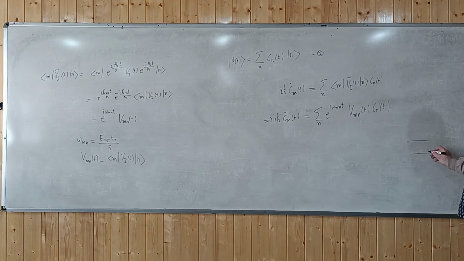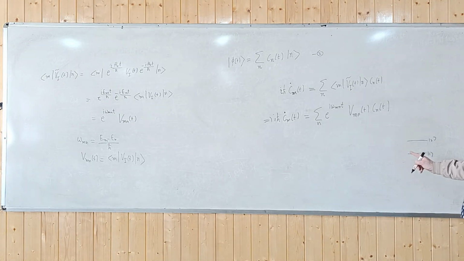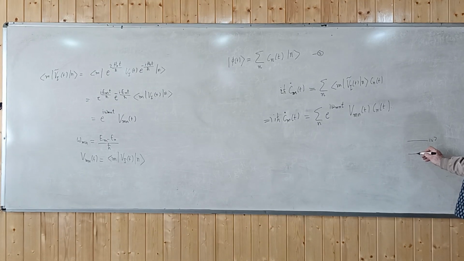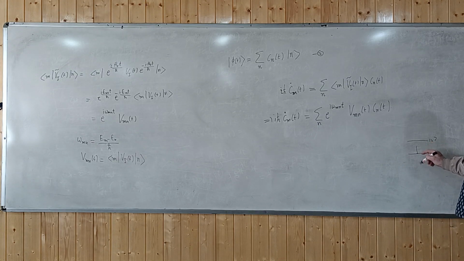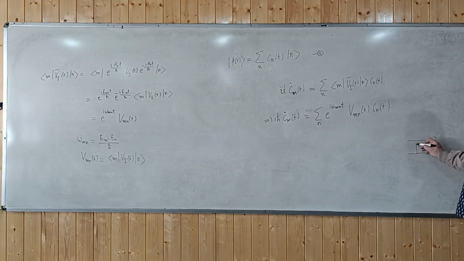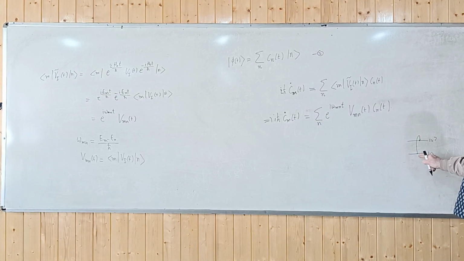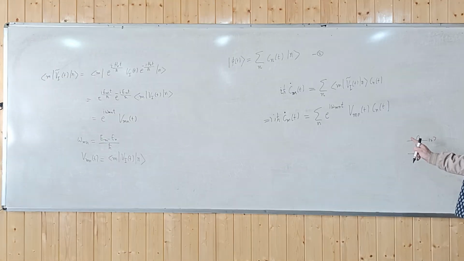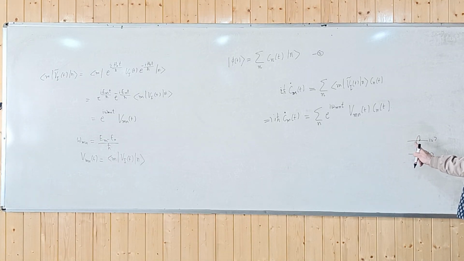So let's take level 1 and level 2. If you are having a time dependent field, there is a possibility that this electron, let's assume there is an electron, may make a transition to this other state. So when there is a transition between the two states, in this way they get coupled.